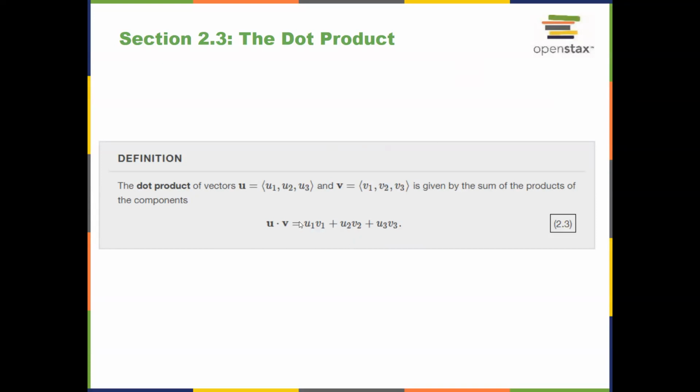Now we're just doing it with 3. Very similar process, U dot V. And I believe section 2.4 is the cross product. So we're going to get to that next week. So U1 times V1 plus U2 times V2 plus U3 times V3. So there you go. That's easy.